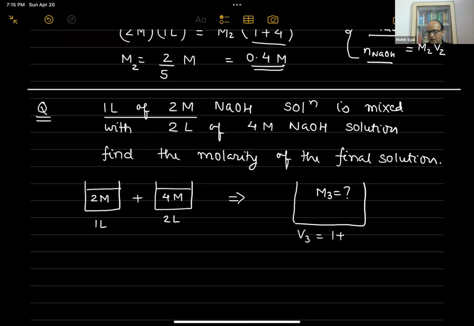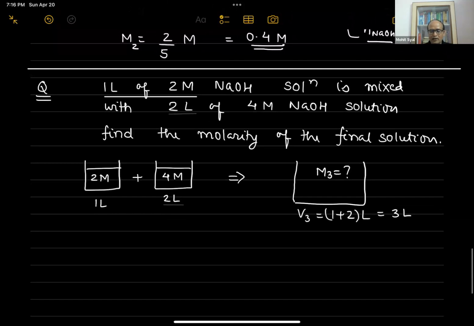Yeah, 1 plus 2, because volumes are additive, right? So 3 liters. So in this we are adding the moles of NaOH also, we are adding the water also. So if you have this kind of relationship, when you are mixing two, the molarity is the final molarity.